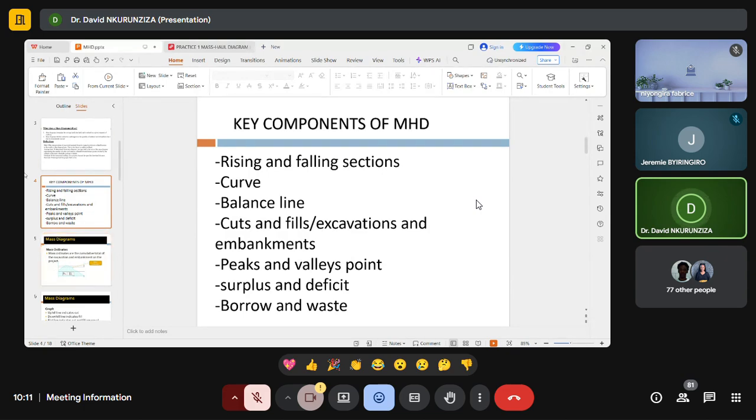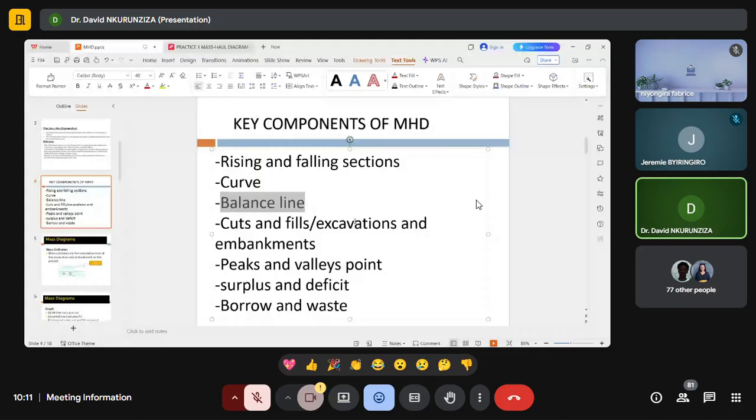Now, let's look at what you call a balance line. What is a balance line? A balance line, as I have said, is a horizontal line which is drawn parallel to the x-axis, and that horizontal line will be passing through 2 points, to represent the cumulative cuts and the fill volumes.